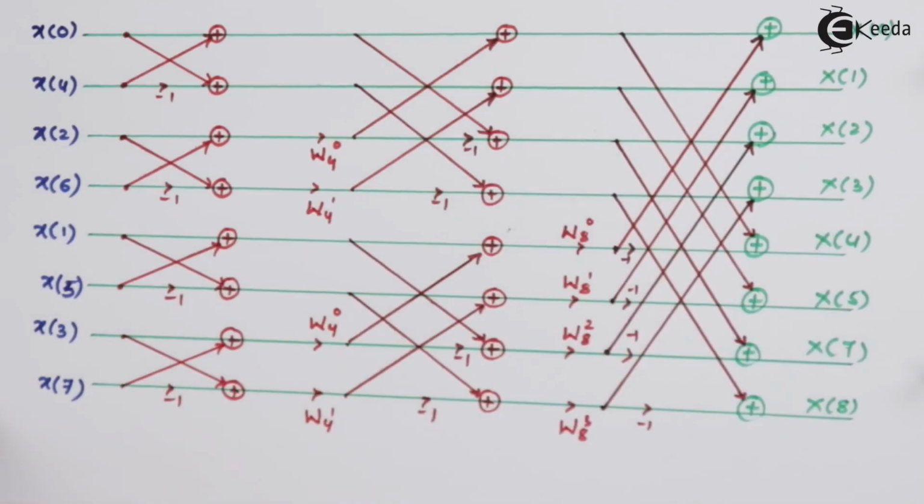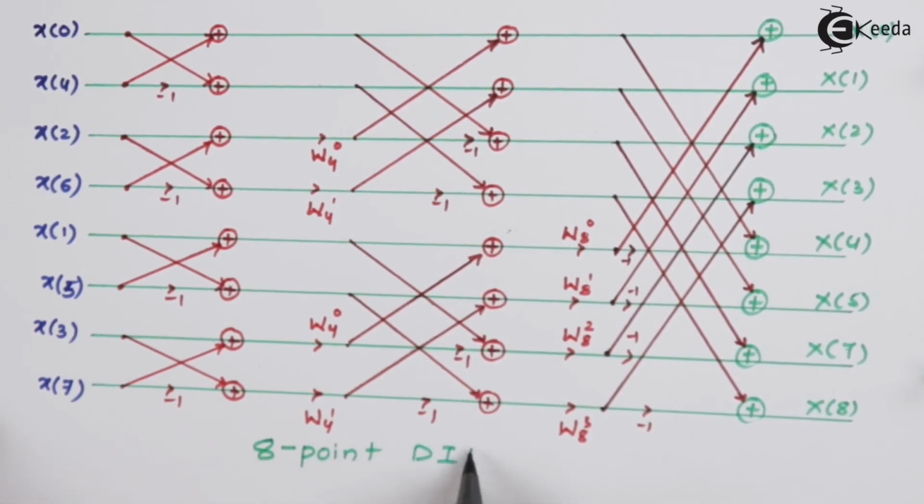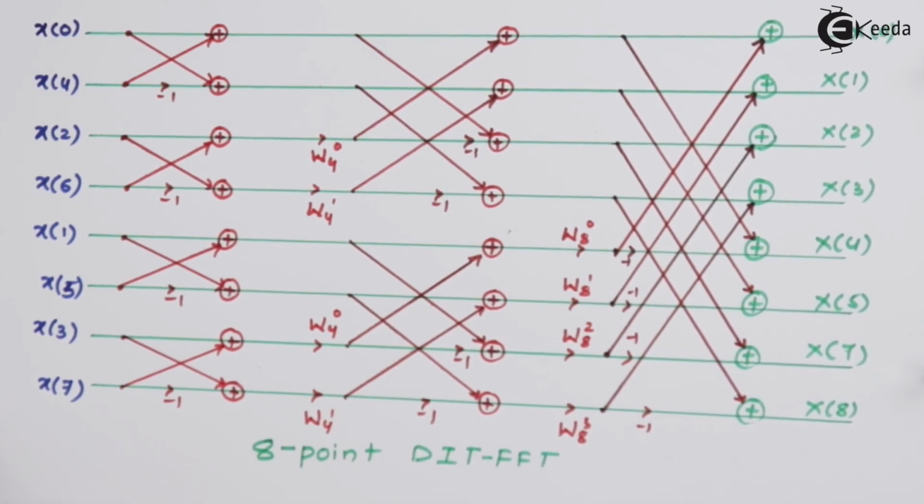And this is the butterfly diagram for the 8-point DIT-FFT. Now we will solve a few numericals based on the 8-point DIT-FFT, and then later on we will derive the same thing and draw the butterfly diagram for DIF-FFT, that is, decimation in frequency fast Fourier transform.